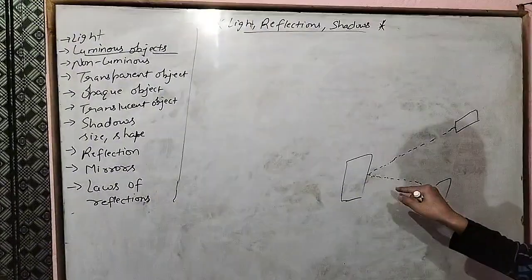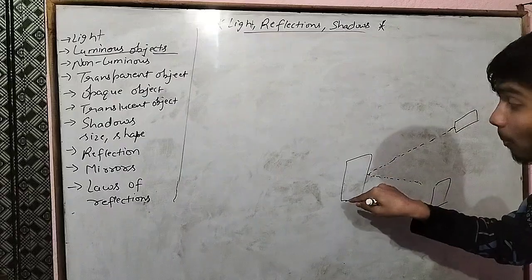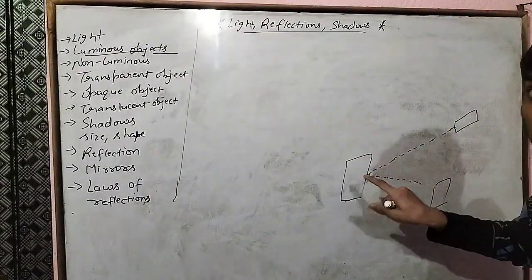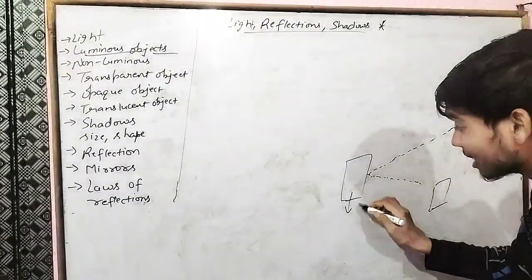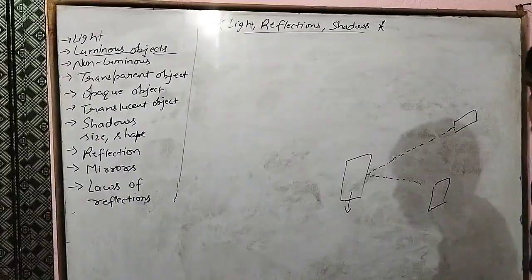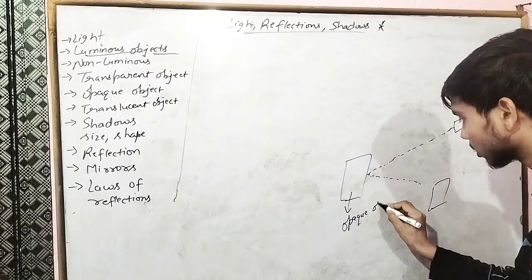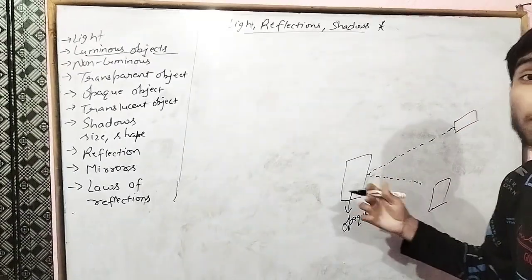It is turning into another direction, which means light is being blocked by this object. And if light is being blocked, this object is saying, I am an opaque object, clear? Because light is being blocked.